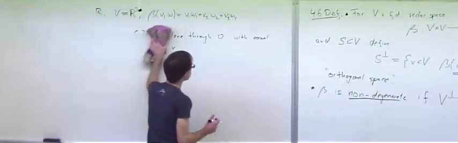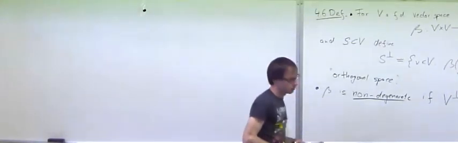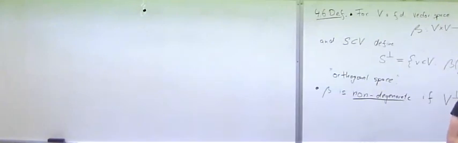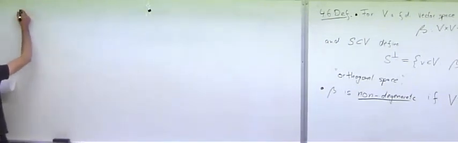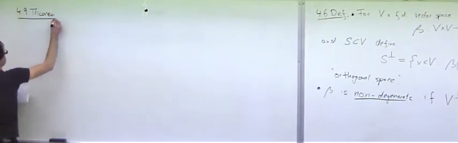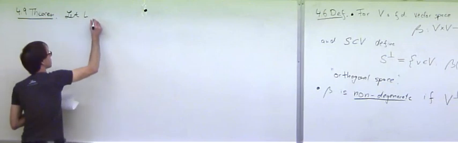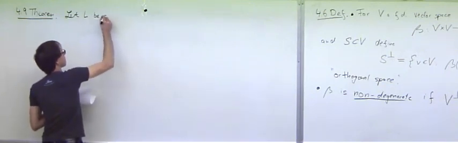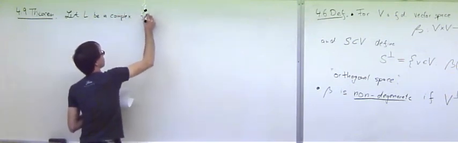So now we're going to use this notion of non-degeneracy to characterize the semi-simple Lie algebras. So this is the following theorem. Again, as usual, L is a complex finite dimensional Lie algebra.